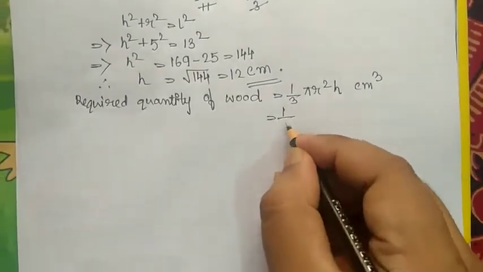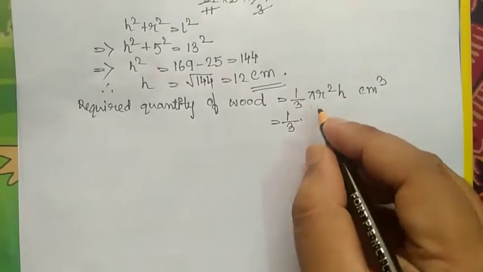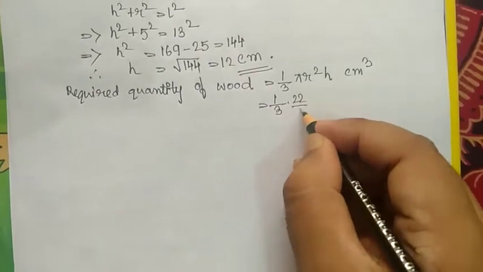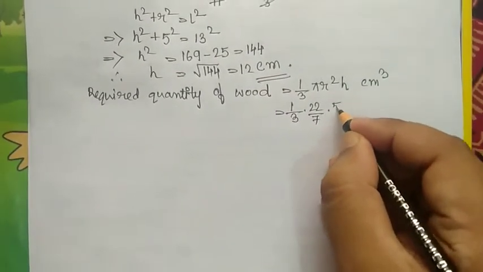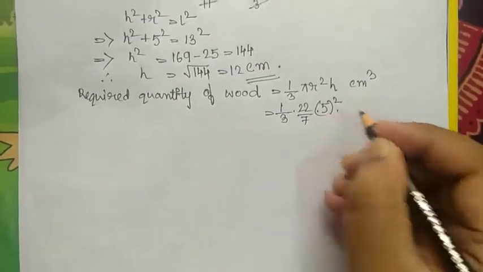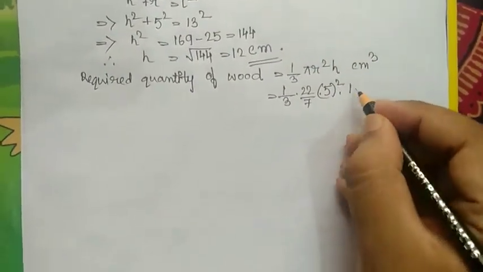Putting those values, 1 by 3, pi means 22 by 7, r means 5, so 5 square means 25, and height means 12.